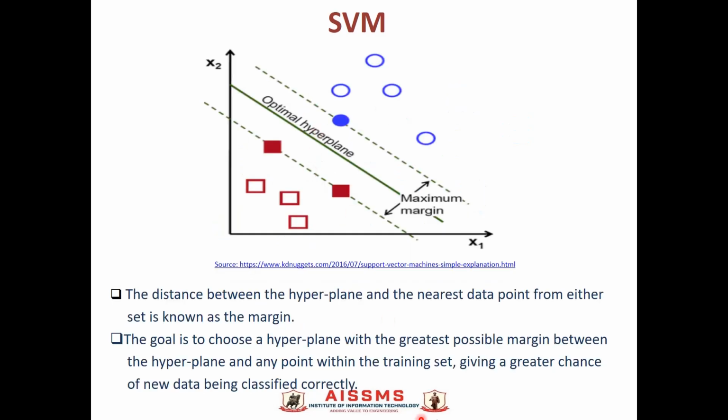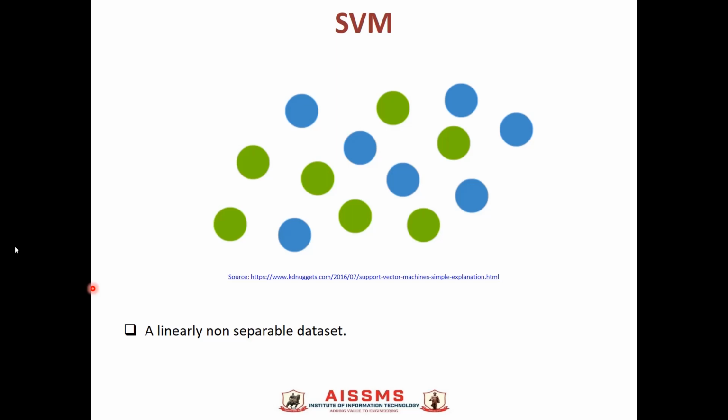We know that we can choose the best optimal hyperplane if it is linearly separable data. So we can easily put a linear hyperplane between these two classes. But what about the case wherein the data points are linearly non-separable?